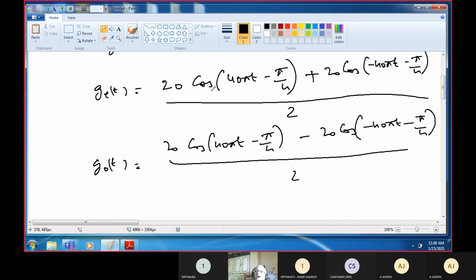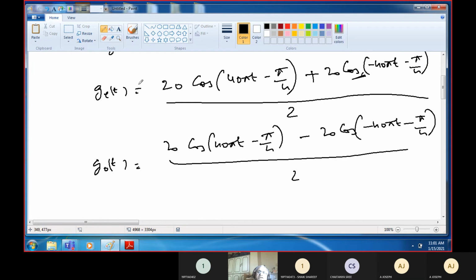Then you will get something like cos of 40 pi t, cos of minus 40 pi t. You will get these expressions. So you know cos of minus theta. What is cos of minus theta? That you have to put there. Now supposing it becomes minus cos theta, I'm not saying whether it will become or not, I'm telling you in a general sense. So if it happens, maybe it gets cancelled with this one.